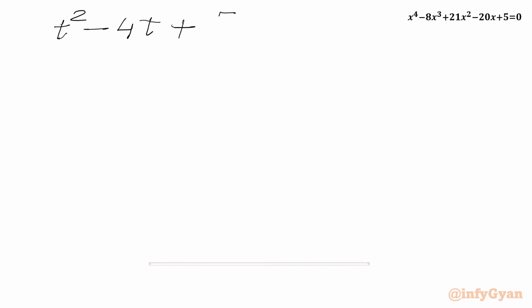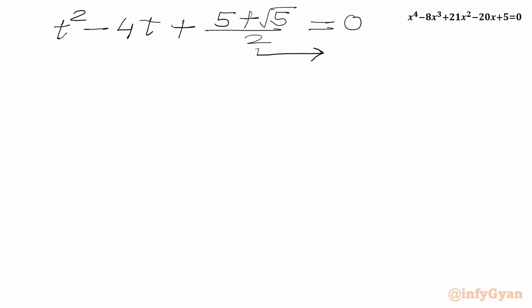So I will write the equation here. t square minus 4t plus (5 plus square root 5) over 2. I will take this constant term to the right hand side.